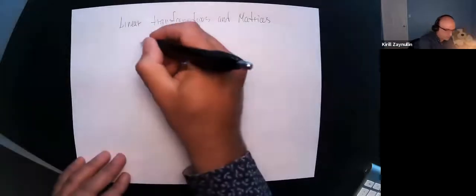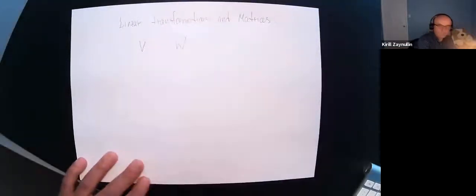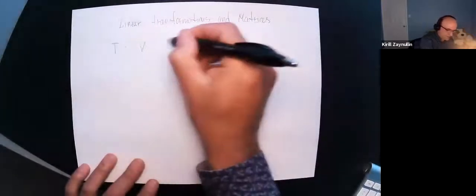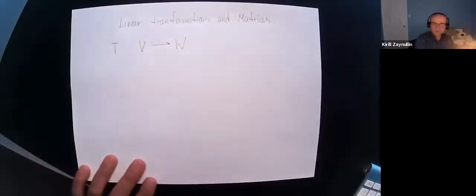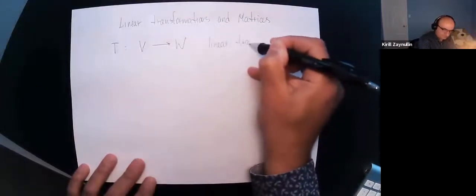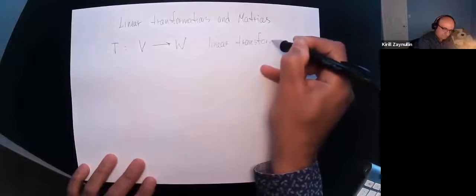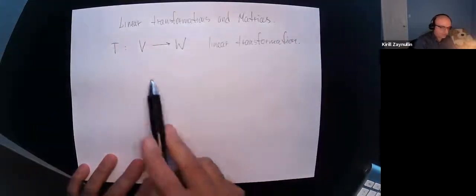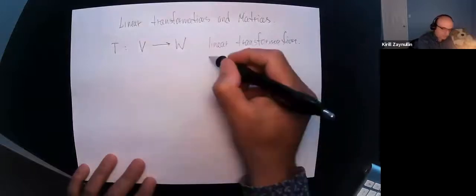So basically, what do you need? You need two vector spaces, V and W, and a linear transformation from V to W. And of course, you need to assume that both V and W are finite dimensional.